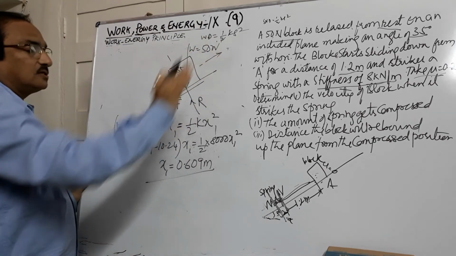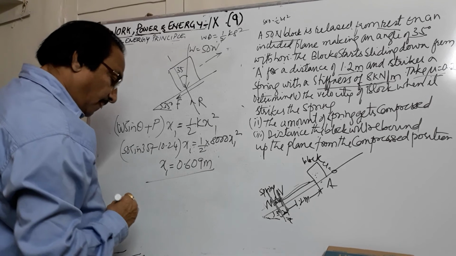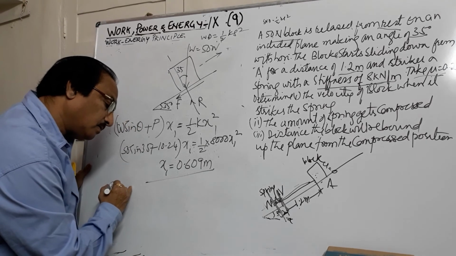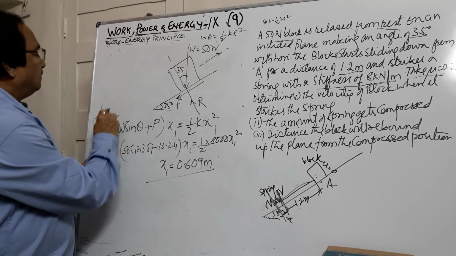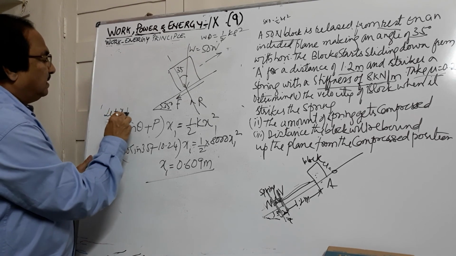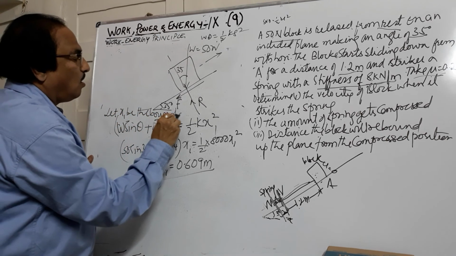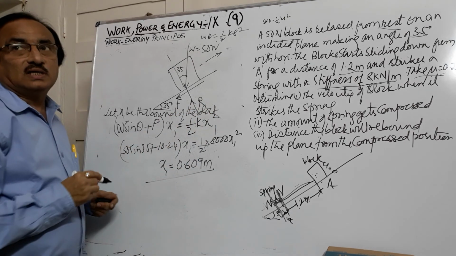So this is the distance by which the block will rebound here. So here we see that, let x1 be the rebound of the block. So this is the rebound of the block that is taking place.